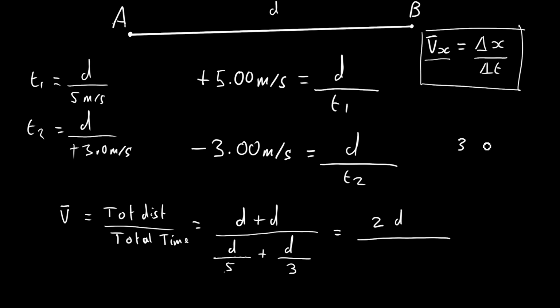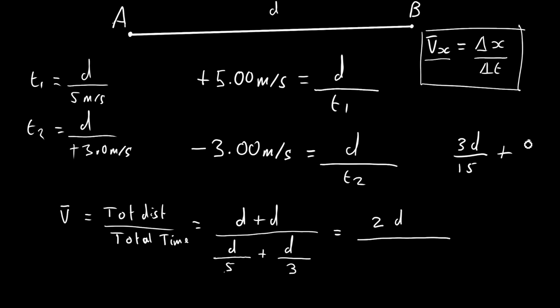So we have 3d at the top with 15 at the bottom, and all we've done here is multiplied this fraction by a value of 3 to ensure that the denominator here equals 15. Likewise, we're going to have to multiply this fraction here by a value of 5 to ensure that this denominator at the bottom here equates to 15, but the numerator at the top will equal 5.